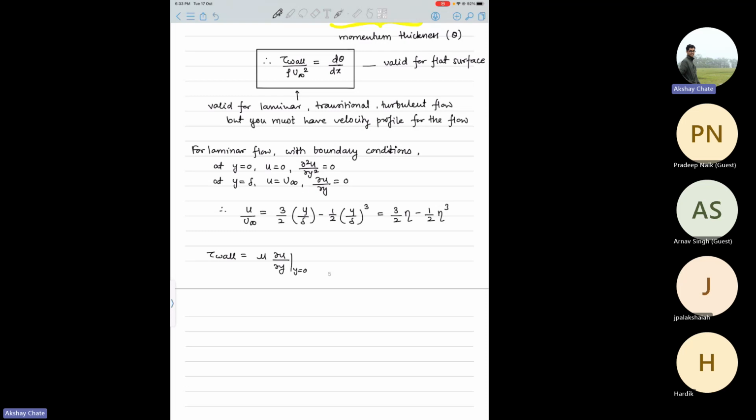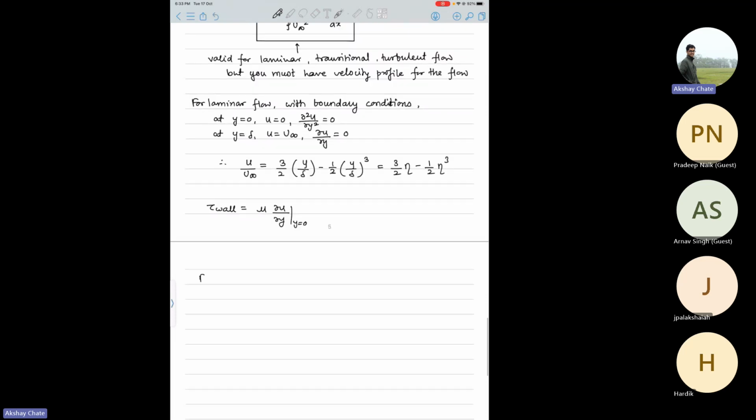Now, from this velocity profile, we have del u by del y equal to u infinity into 3 by 2 into 1 by delta minus 3 by 2 into (y by delta) square into 1 by delta cube.